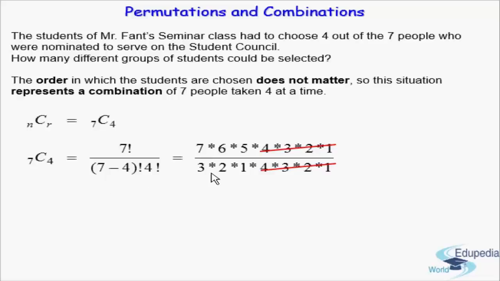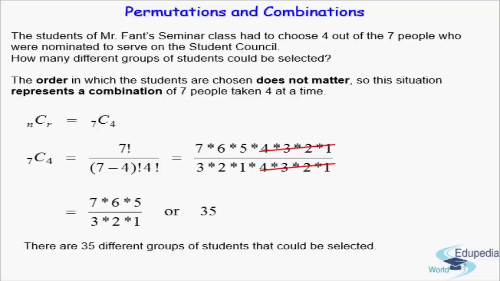And then 4 factorial is of course going to become 4 into 3 into 2 into 1, and then you basically cancel out the like terms from the numerator and the denominator, and then you get 7 into 6 into 5 over 3 into 2 into 1. With that, you have your answer. There are 35 different groups of students that could be selected.